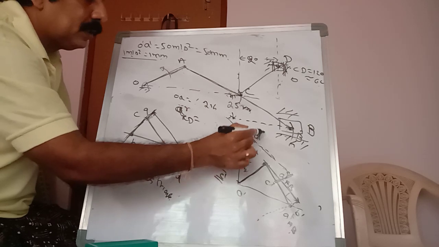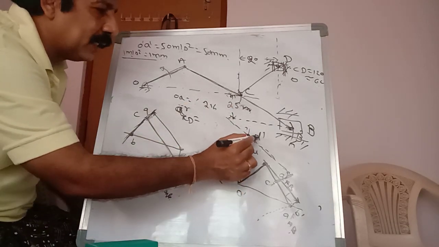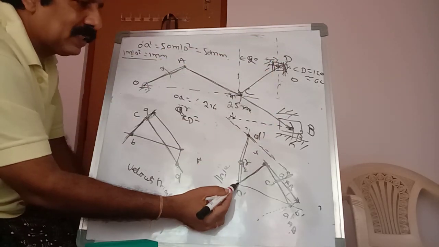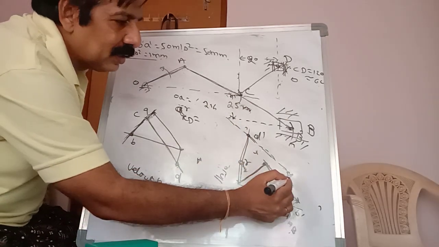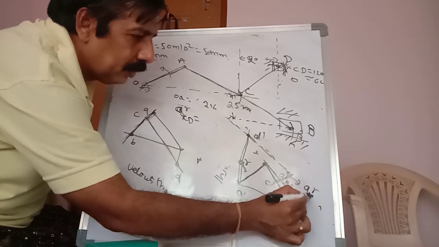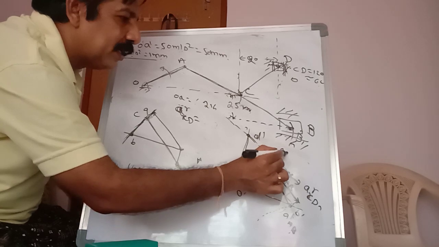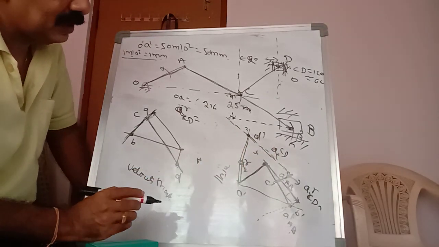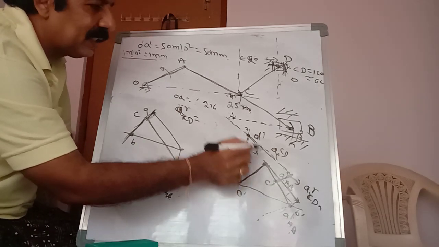You get the point D dash. How to get D dash? Because D is a vertical slider, acceleration is also vertical. So this line represents AR of CD. This line is AT of CD. But this is the actual point of D dash. So join C dash and D dash.